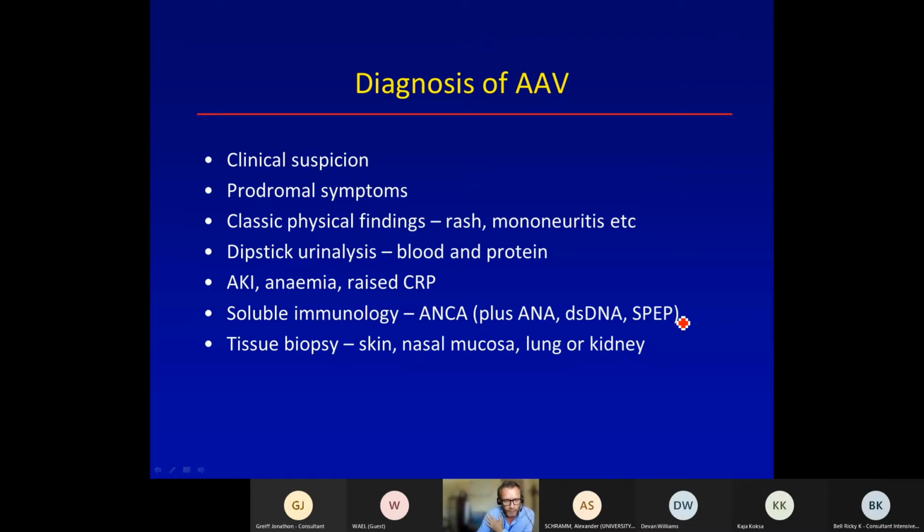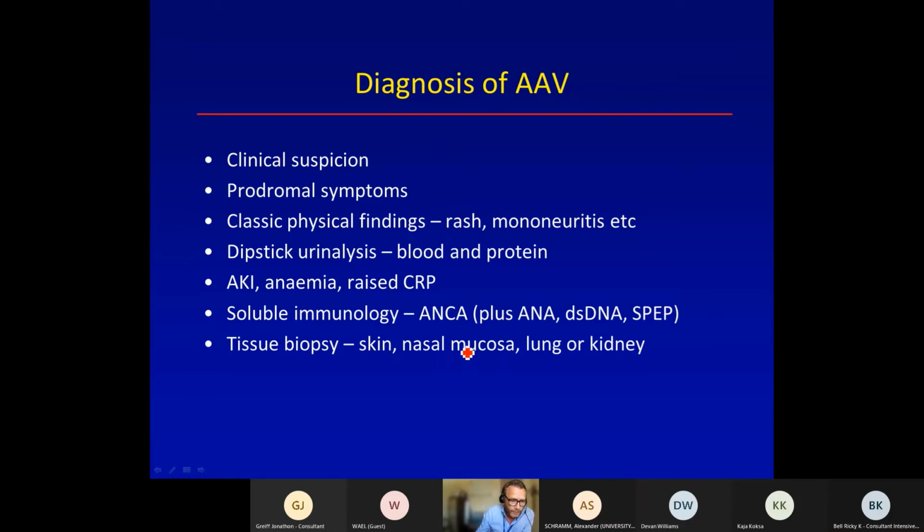Ideally, before we give potentially toxic treatment, we like to get a tissue diagnosis to be absolutely sure that we're treating the right thing. And there's a variety of tissues that you can biopsy. Skin is relatively easy. The problem with that is that the skin changes are relatively non-specific. You'll come up with a leukocytoclastic vasculitis, which can be seen in a whole variety of different things.